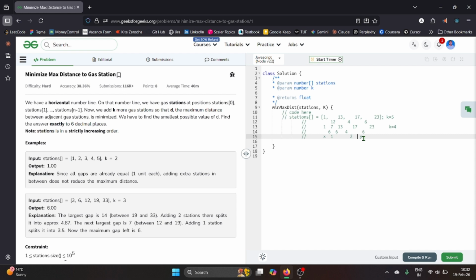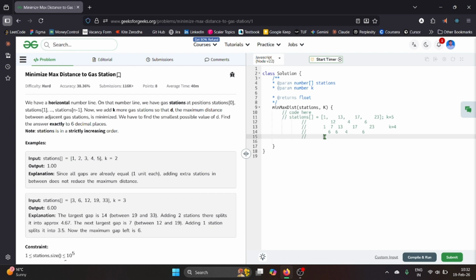By this we can find our calculation: the gap is 12 divided by the number of stations, 2, plus 1, because the number of gaps is the number of stations plus 1.